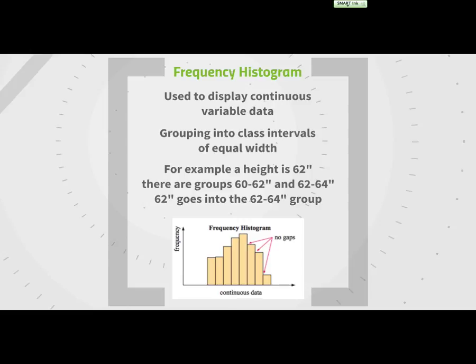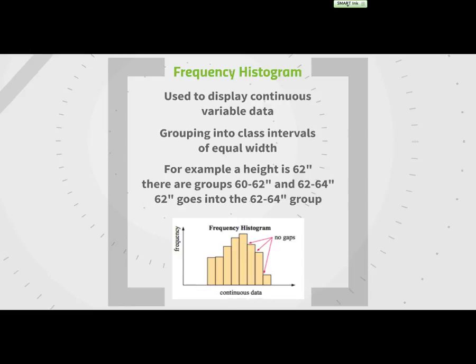We use this to display continuous variable data, and because it's grouped into class intervals with equal width, you want those intervals to be equal. You don't want big differences. So for example, with heights, maybe we group from 60 to 62 and 62 to 64 and so on, figuring out those groups.